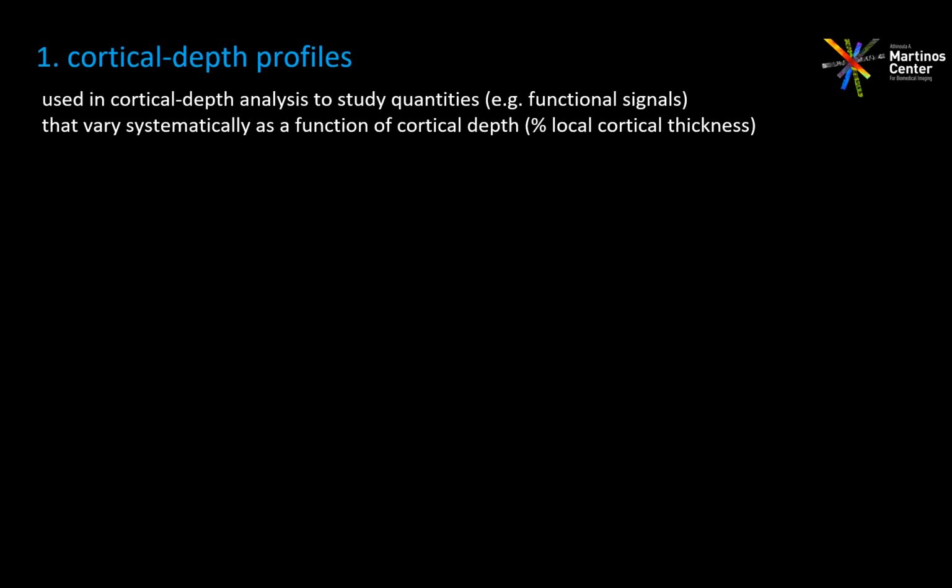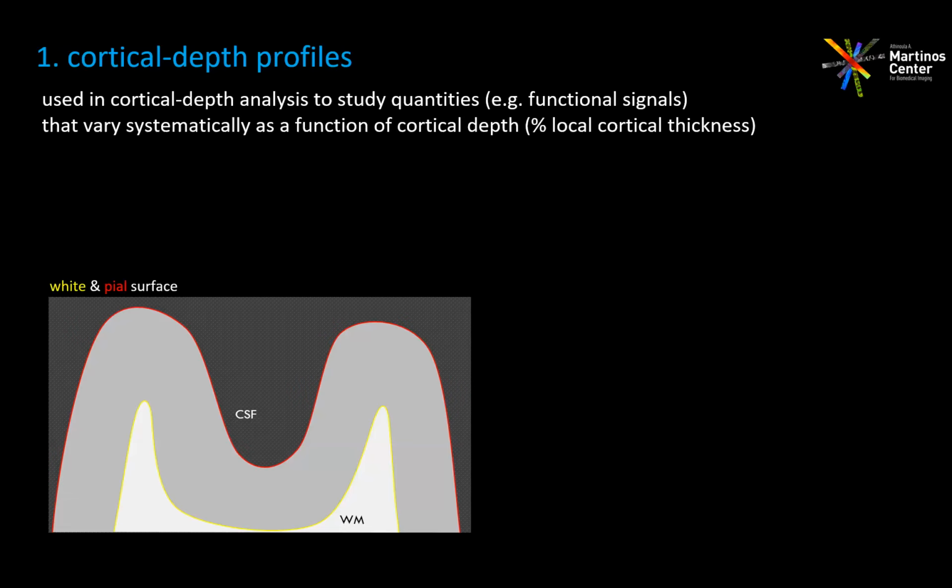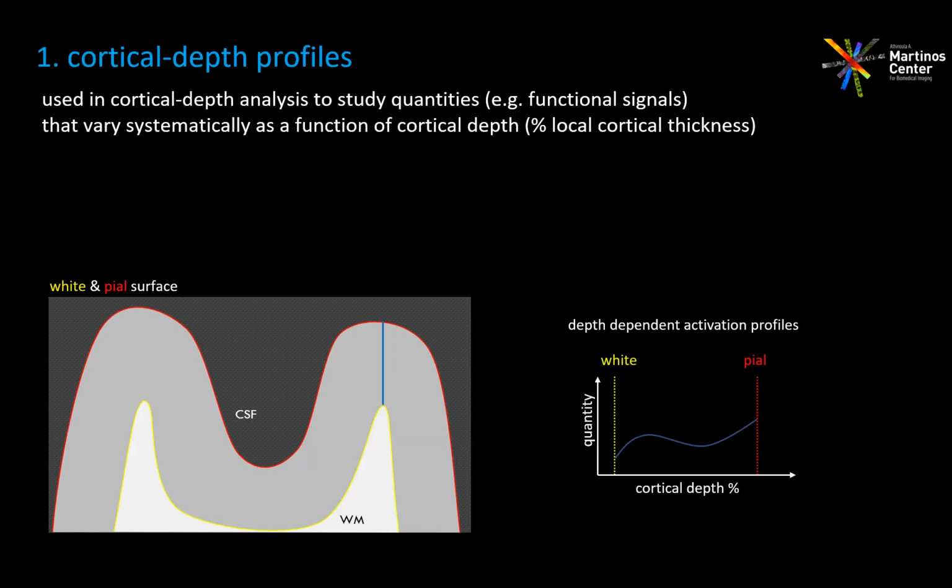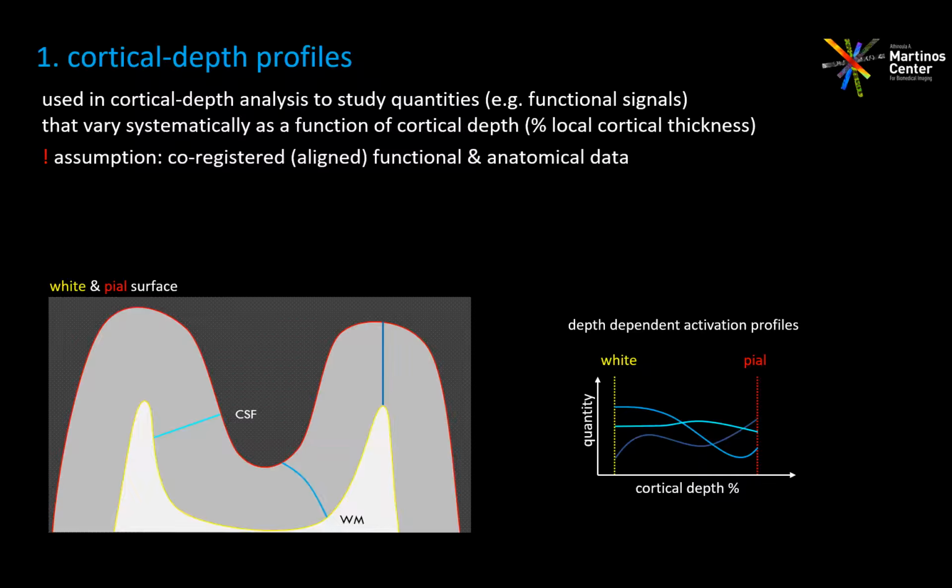All right, so the cortical depth profiles are used in the cortical depth analysis to study various quantities that vary systematically as a function of the cortical depth, including functional signals. So this is our cortex, these are our cortical depth profiles. If we're talking about the functional signals, of course, we assume that our functional and anatomical data are co-registered.